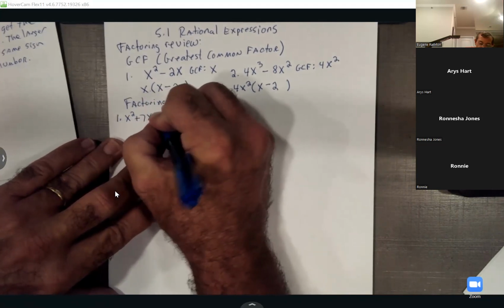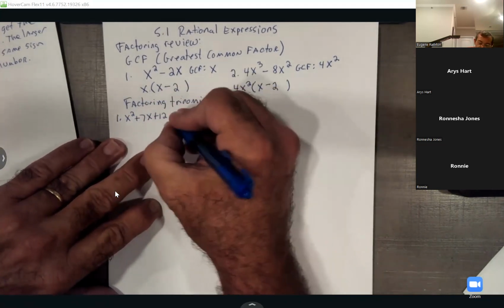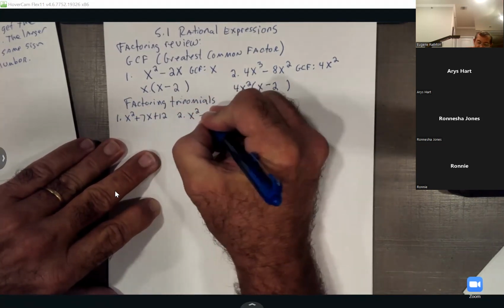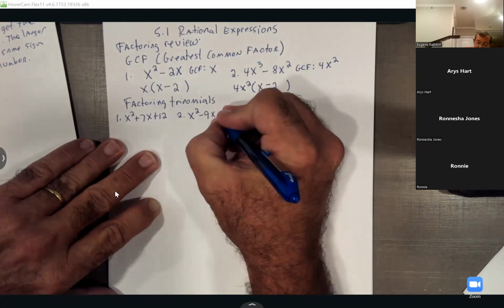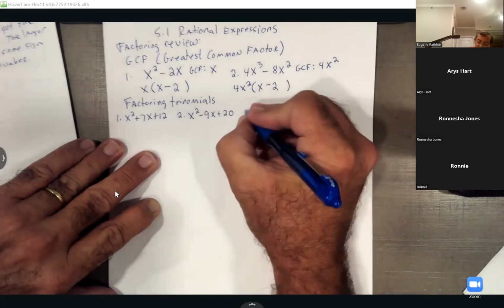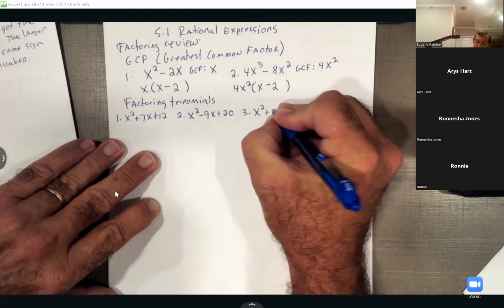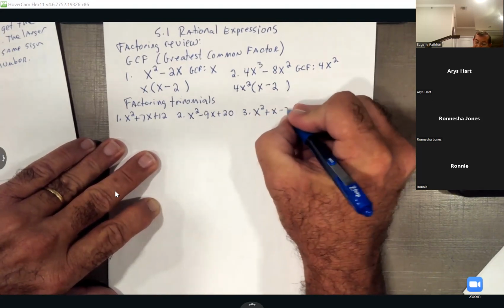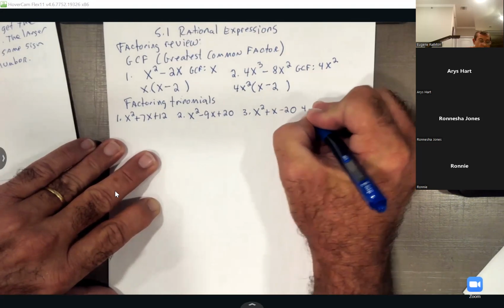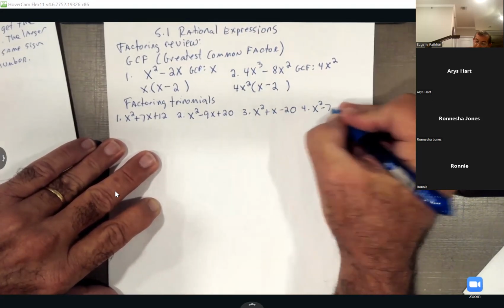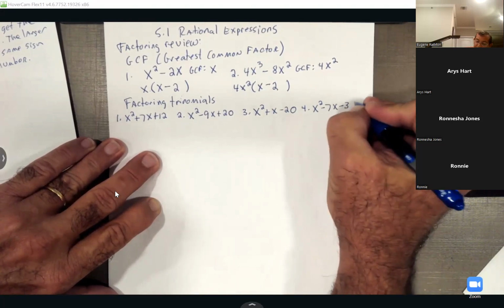So the first one will be x squared plus 7x plus 12. My second one will be x squared minus 9x plus 20. Our third one will be x squared plus an x minus 20. And then my fourth one, x squared minus 7x minus 30.